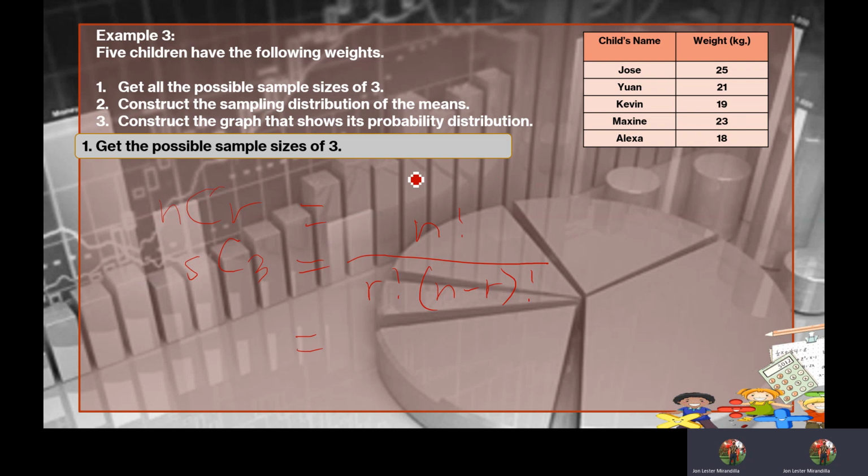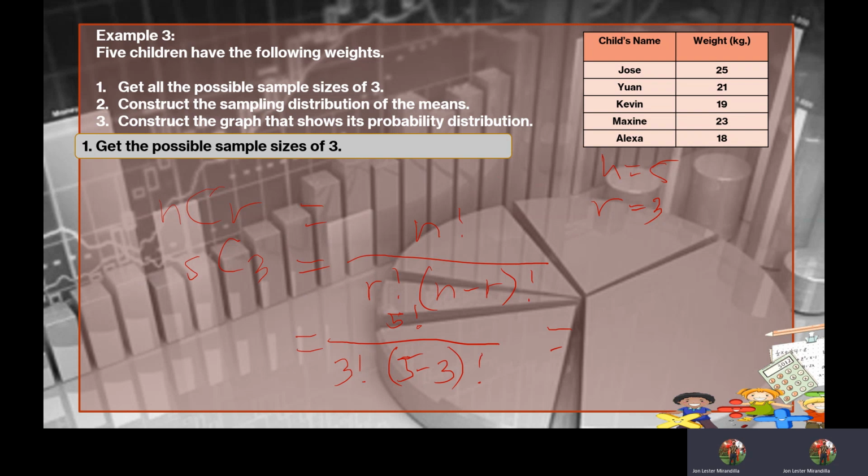So, kung saan meron tayong N na 5, R na 3. So, 5 factorial. For those students na meron calculator, try it. Divided by 3 factorial multiplied by 5 minus 3 factorial. Ano kaya yung lalabas?